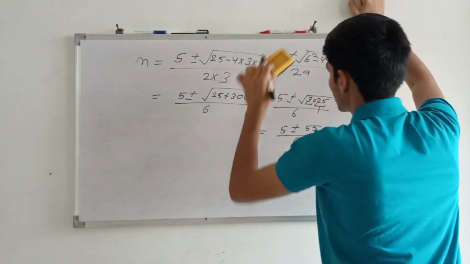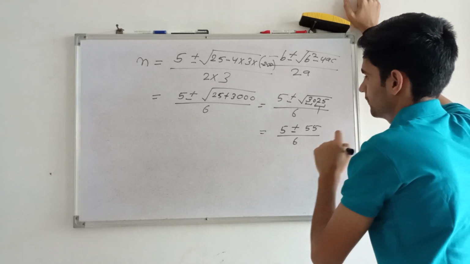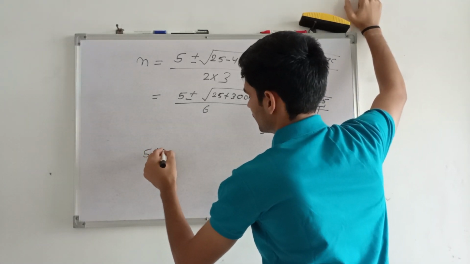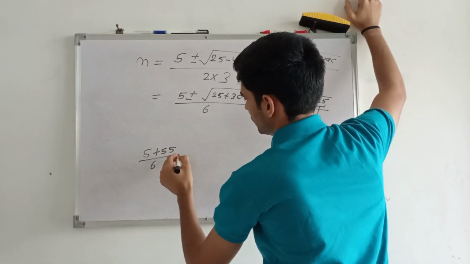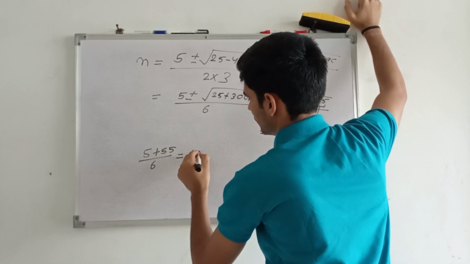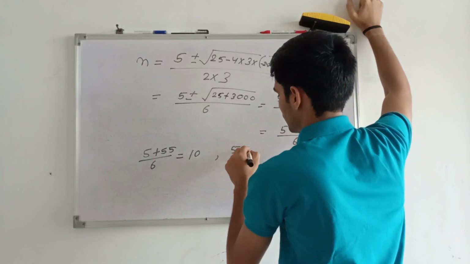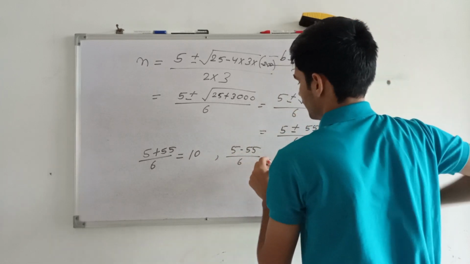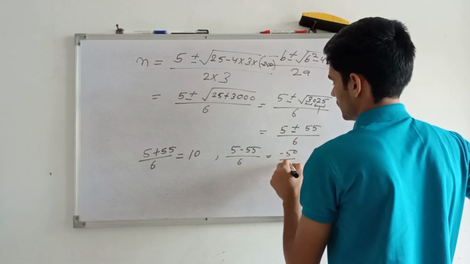Now we will consider both the signs, plus and minus, one by one. So consider the plus sign first. We will get 5 plus 55 divided by 6, so 60 by 6 will be 10. Considering minus, we will get 5 minus 55 divided by 6, which is minus 50 by 6.